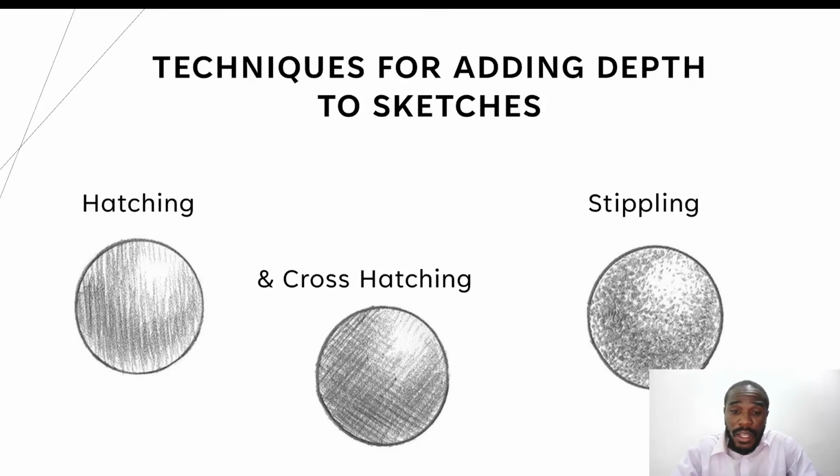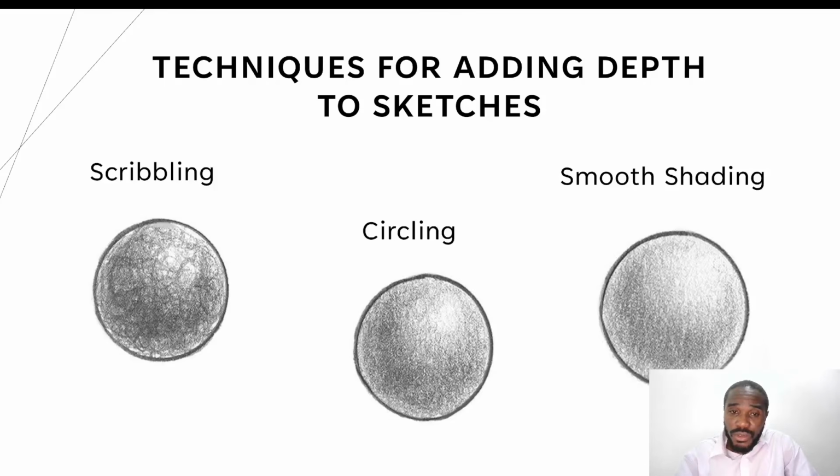And then there is also the stippling. Stippling is more like dotting, okay, where you're creating several dots, and you make a given region denser than others, and that's how you add depth to that. Okay, and then there's scribbling.